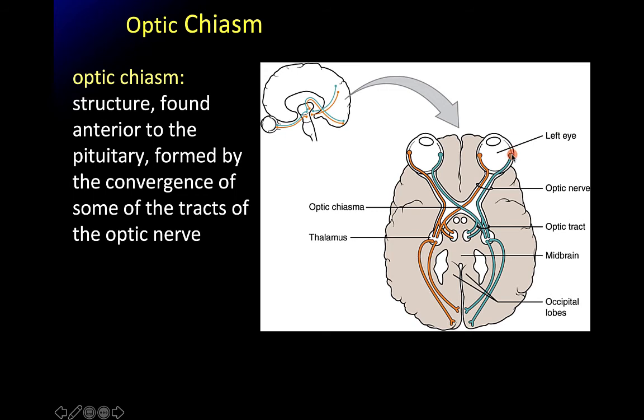We've got this left portion of this retina coming back and working its way to the left occipital lobe. But the right portion of the retina of the left eye is going to cross at the optic chiasm or optic chiasma, both of those terms are used, and that's going to head over to the right side, joining the right side of the right eye.